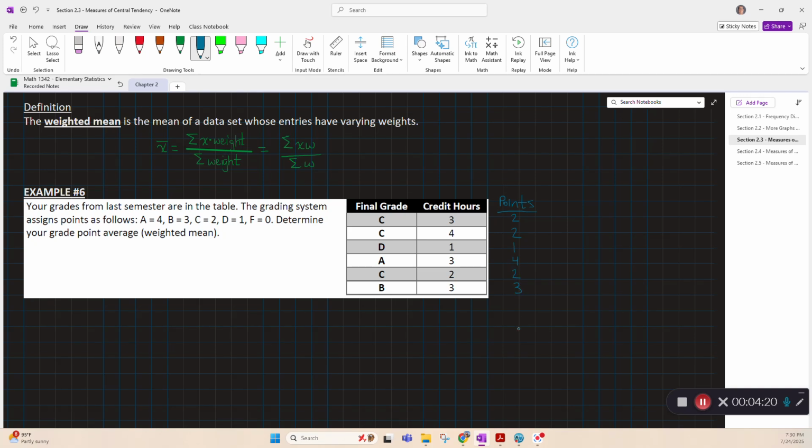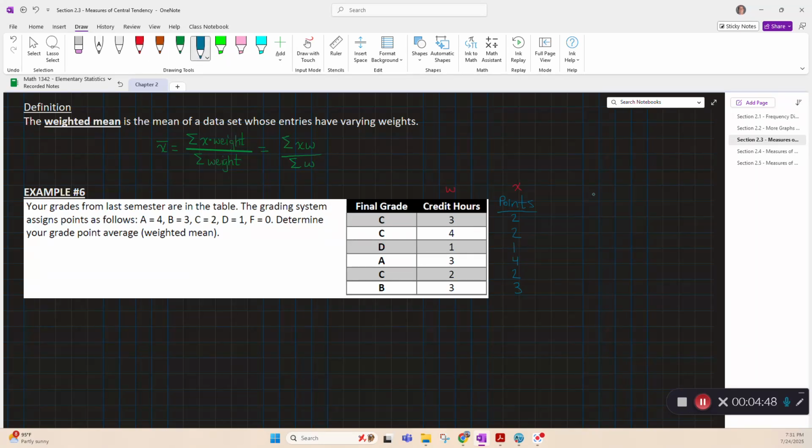B gets you 3 points. Think of these points as our x's. That's what you're earning. The credit hours are your weights, because the more hours you take, the more your points are weighted.